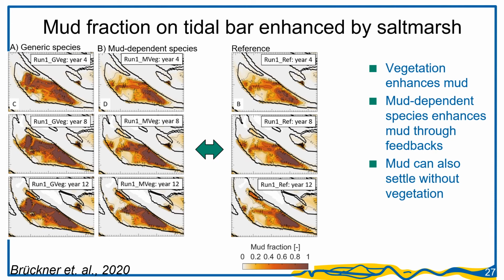So in order to answer the question, what was there first, we can say that there are areas on the bar where the mud can settle without any vegetation, but in other places we require vegetation to promote mud settling.